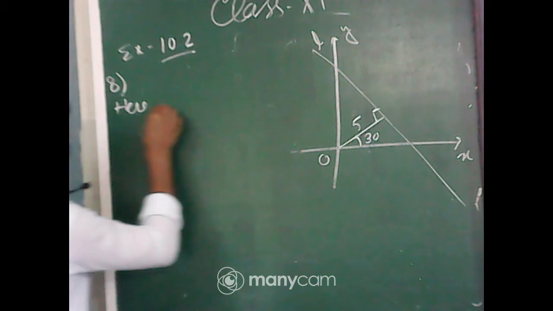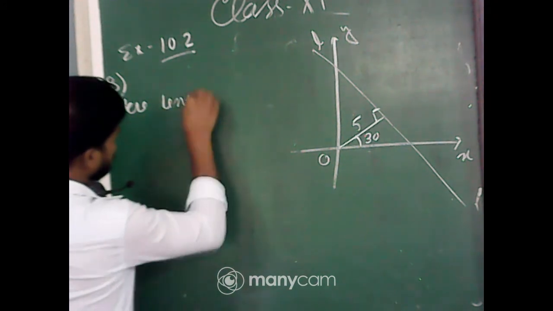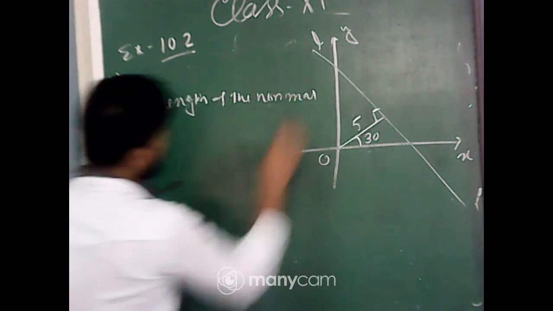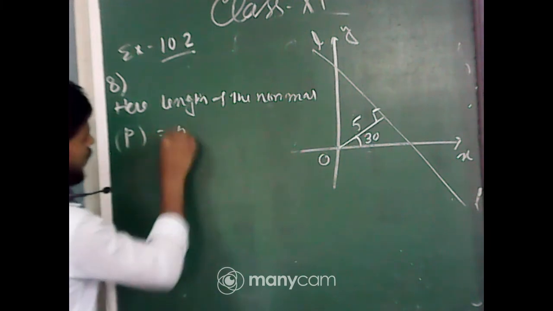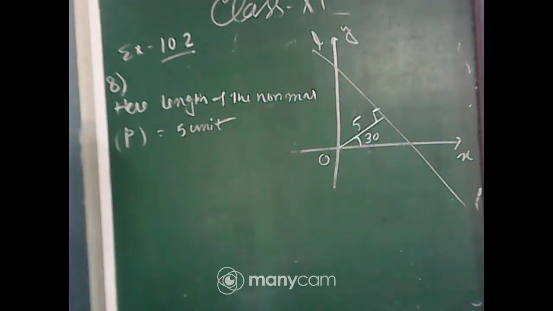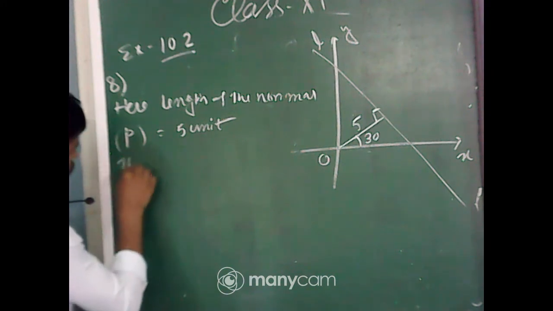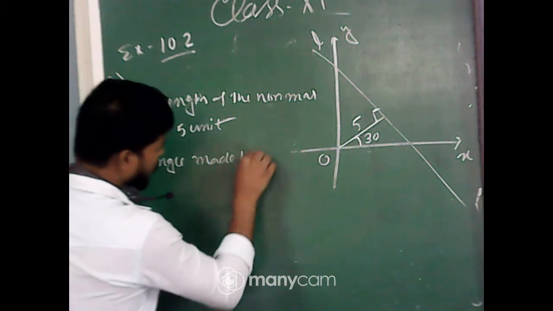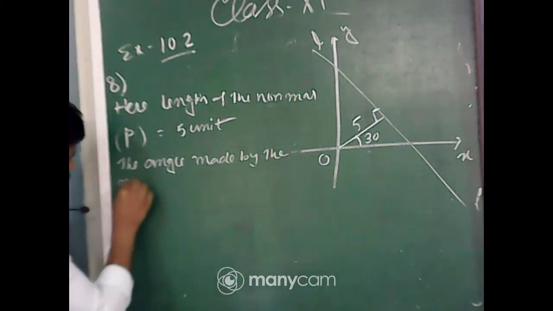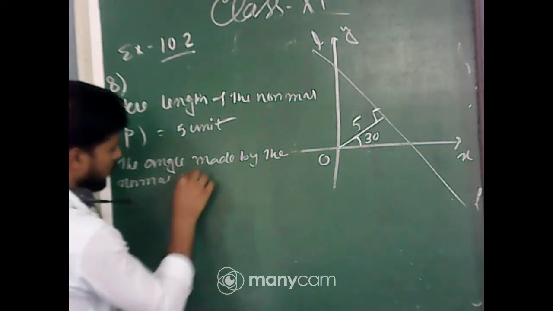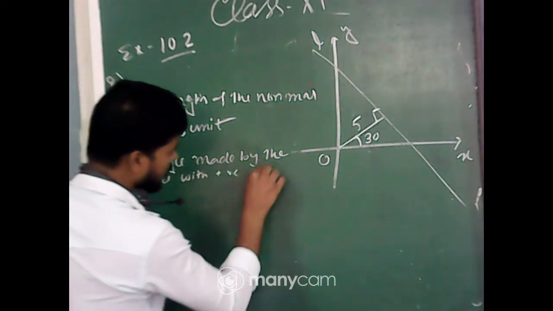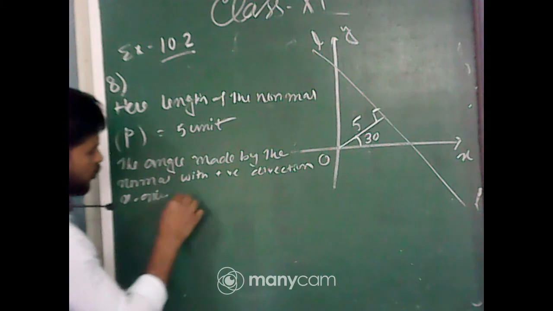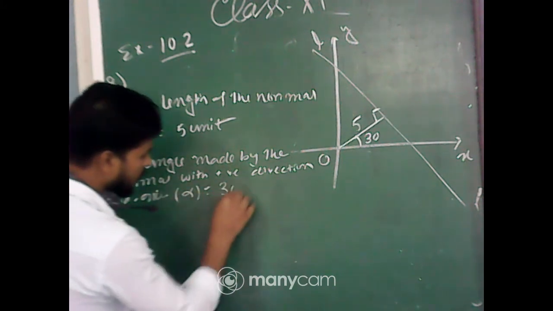Here the length of the normal, which we denoted by small p, is given as 5 units, and also the angle made by the normal with the positive direction of the x-axis is given. We denoted it by alpha, that is equal to 30 degrees.